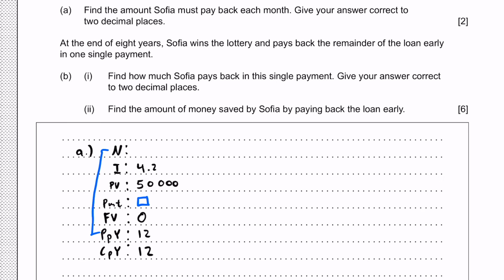In this case, she's going to make 12 payments over 25 years, and 12 times 25 would be equal to 300 payments. So let's write that out. Okay, so now we've got everything we need. Let's go to our financial solver and work this out.